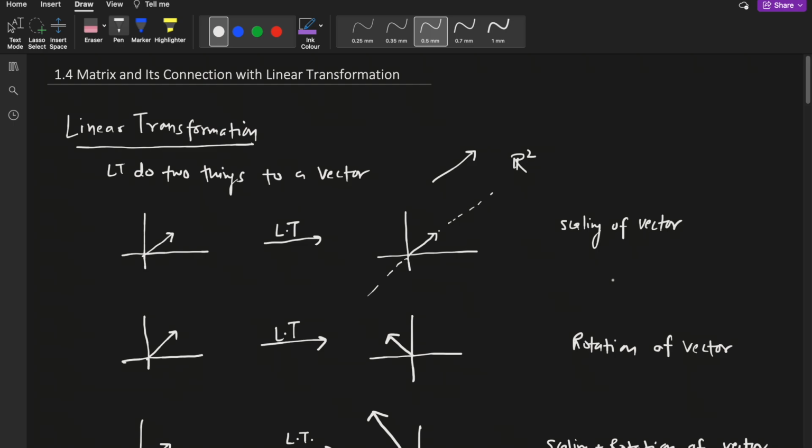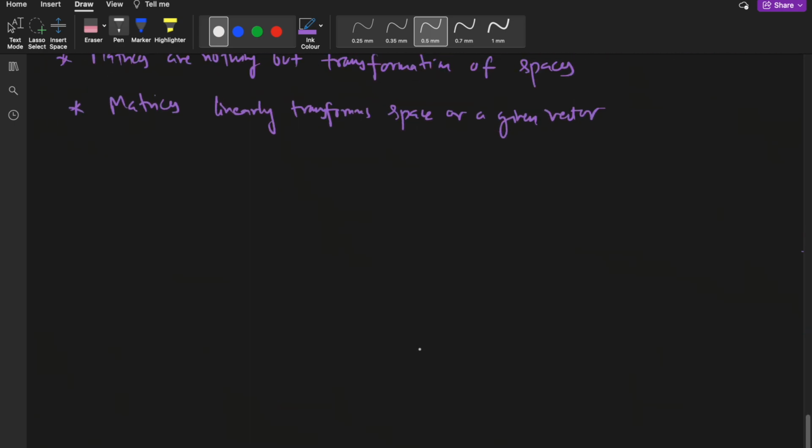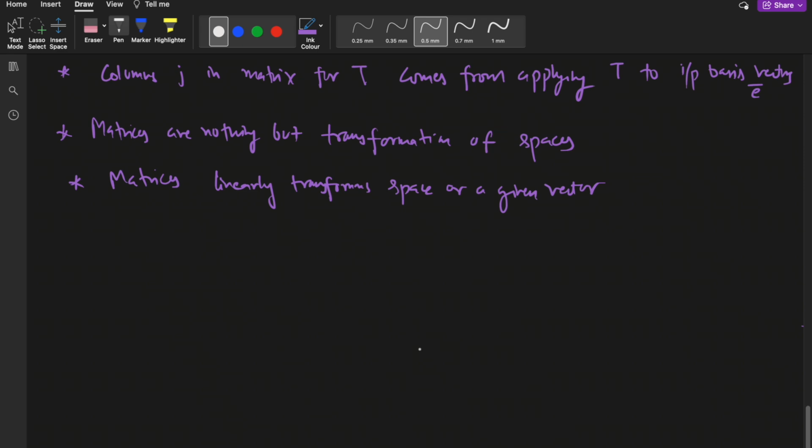Most of the things are covered. Matrix and its connection to linear transformation. So just for an end note, I can mention that linear transformation and matrices are equivalent. Right?